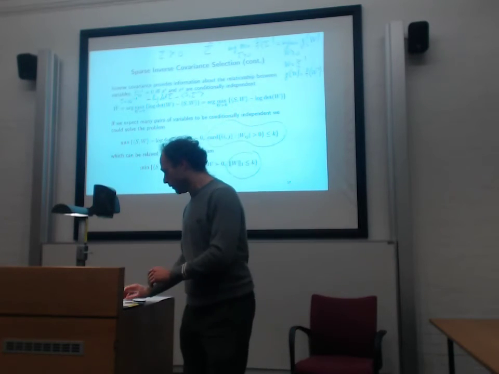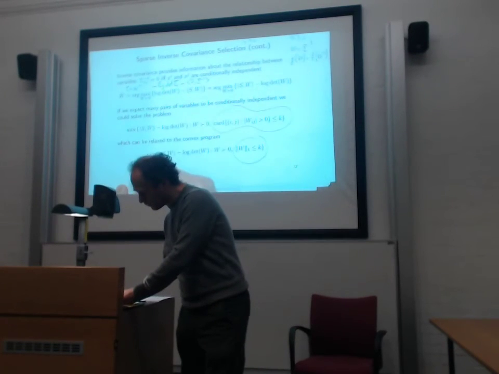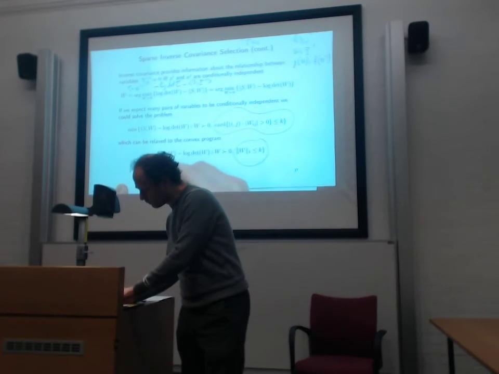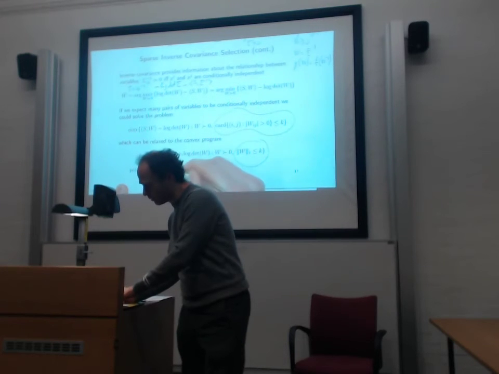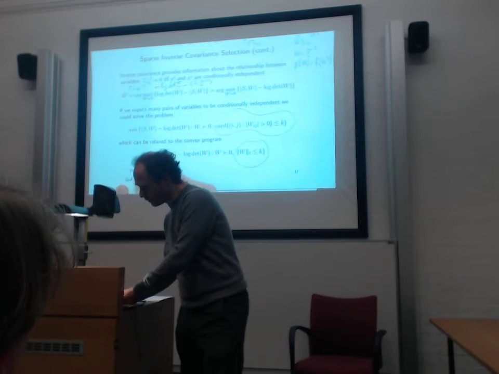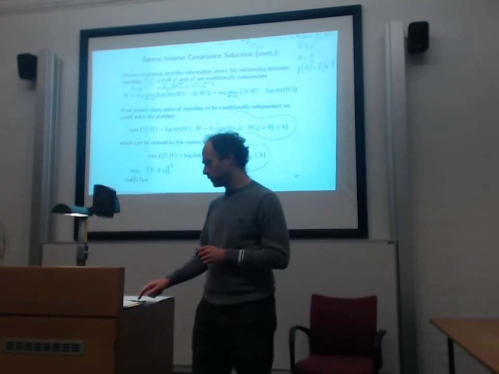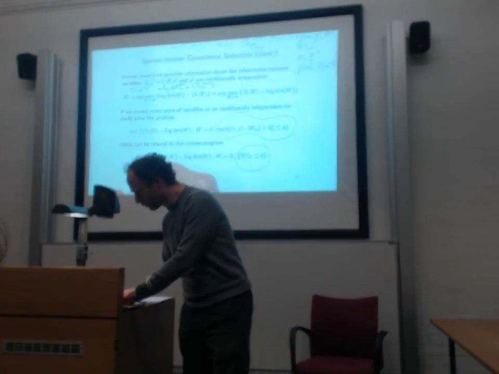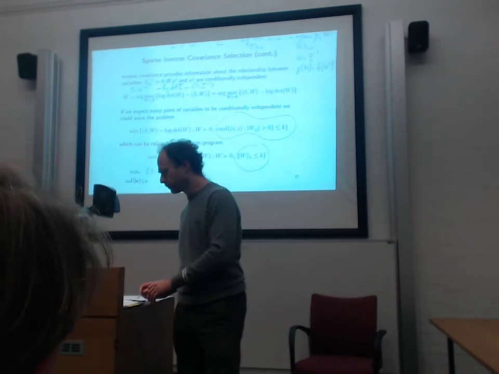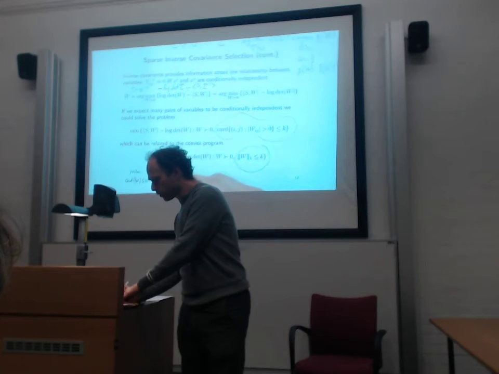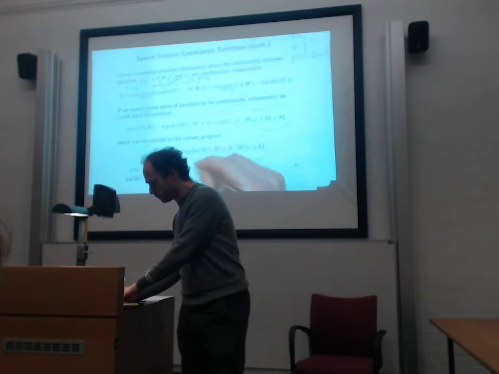So if we go back to the lasso, where we minimize, if you use the cardinality of w less than or equal to k, this means that at most k components of w are different from 0. So this is a combinatorial problem, very difficult to solve.